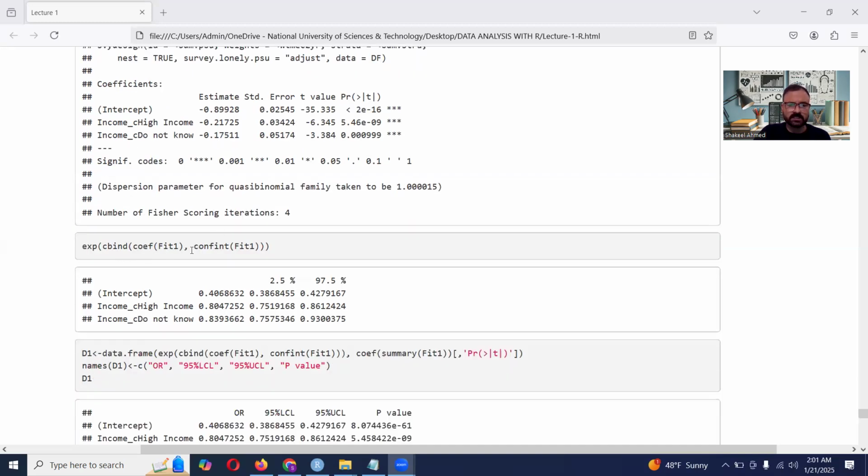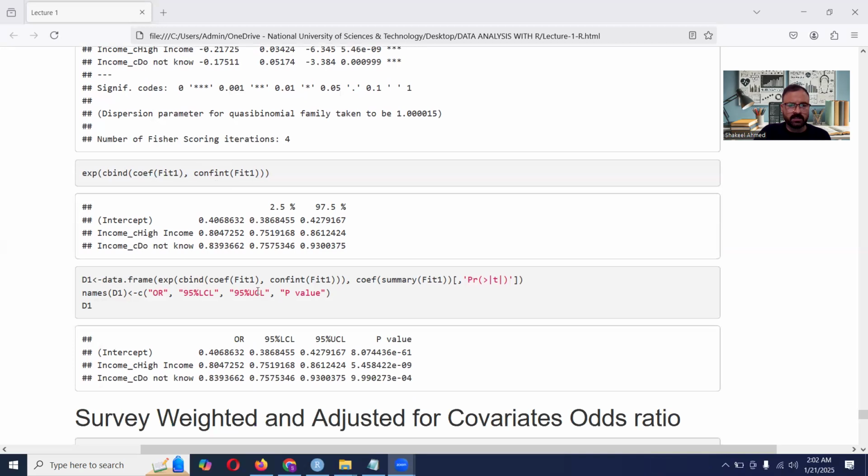And then we can exponentiate the coefficients and the confidence intervals. That would be the odds ratio and corresponding confidence interval that we get in this format. And then we run the command to combine the odds ratios with the p-value we obtain here.